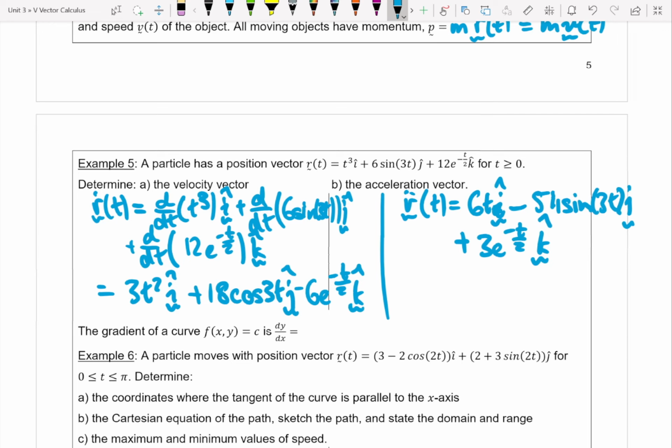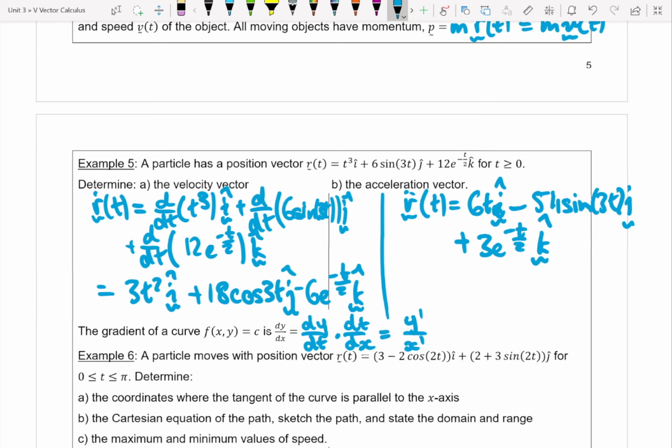If we were looking at a curve of f of x and y equal to a constant, then dy/dx is going to equal dy/dt times dt/dx, which is the same thing as the derivative of y over the derivative of x, right? Because if we're multiplying, that's the same as dividing by the reciprocal.